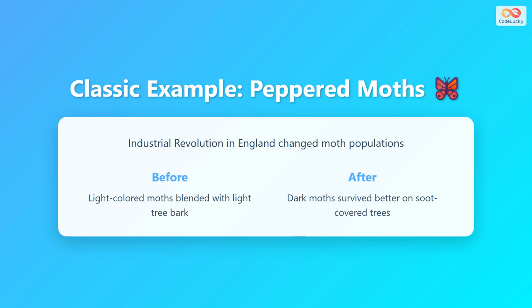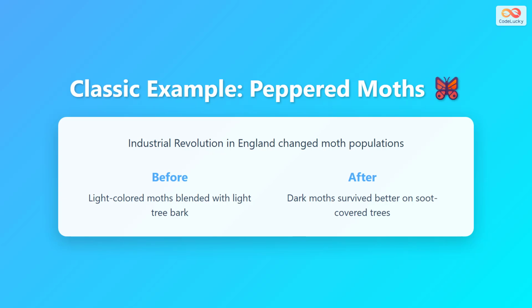The peppered moth provides one of the most famous examples of natural selection in action. During the Industrial Revolution in England, factories released large amounts of soot that darkened tree bark. Before industrialization, light-colored moths were common because they blended in with the light-colored tree bark, making them invisible to predators.